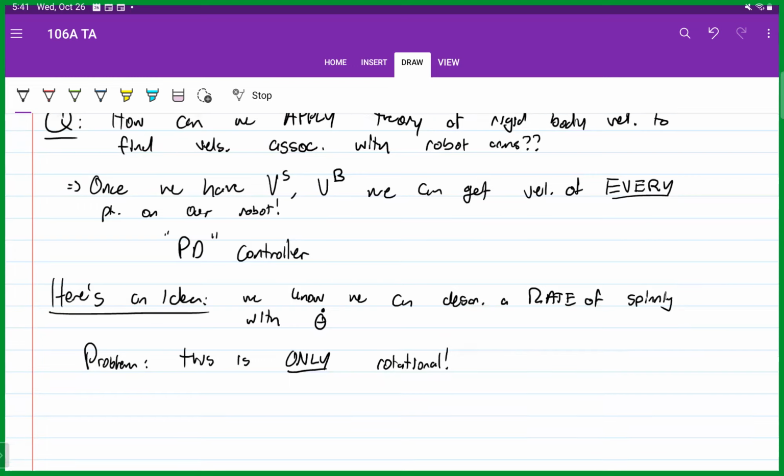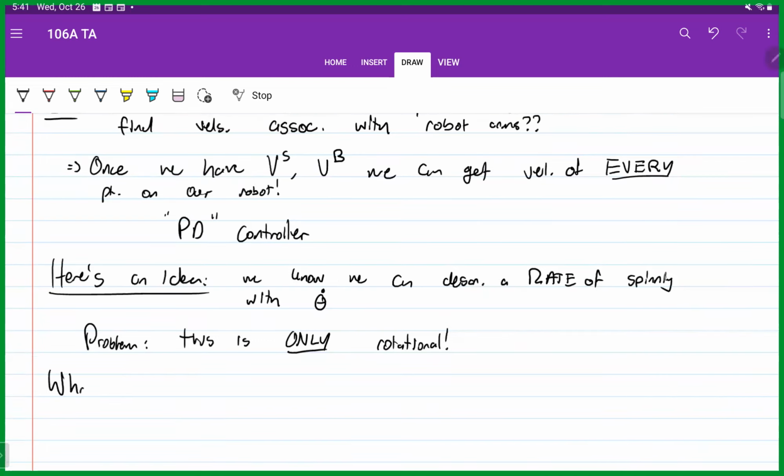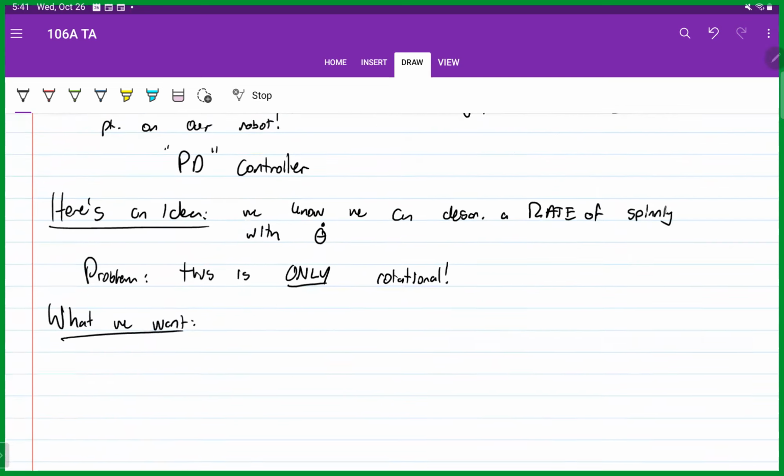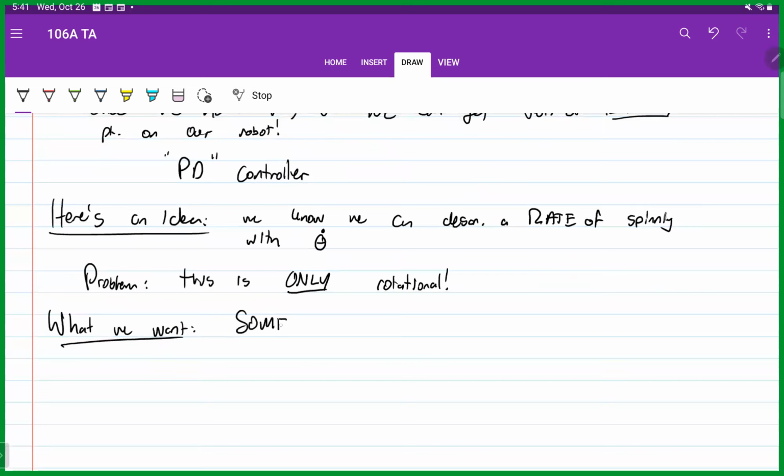Okay. So what we want is the following. We want to find some map that takes us from a vector theta dot of all of our joint velocities.